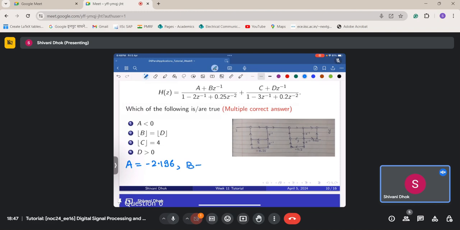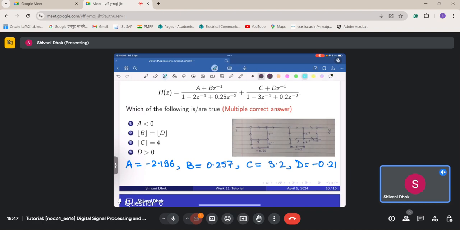We had obtained B as 0.257. Then we have obtained C as 3.2, and we had obtained D as minus 0.21.